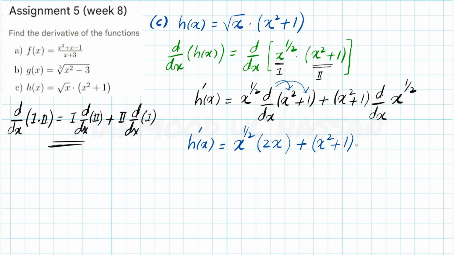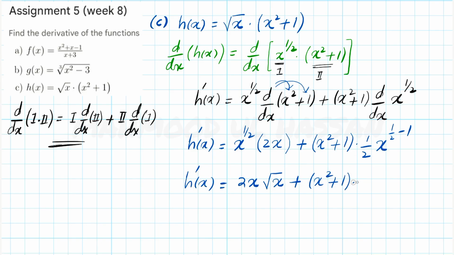So here we are going to use the power rule, that is 1 divided by 2, and then x to the power 1 by 2 minus 1. Okay, so h prime of x is equal 2 times x into square root of x, plus x squared plus 1 and 1 by 2, x to the power negative 1 by 2.